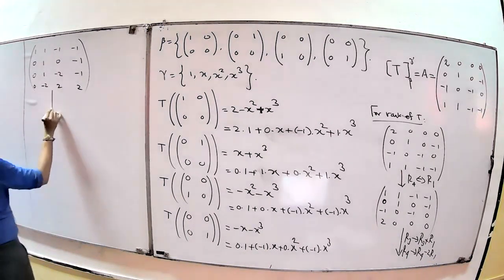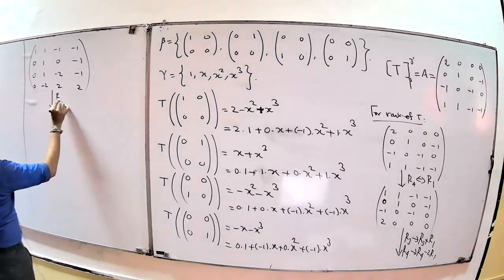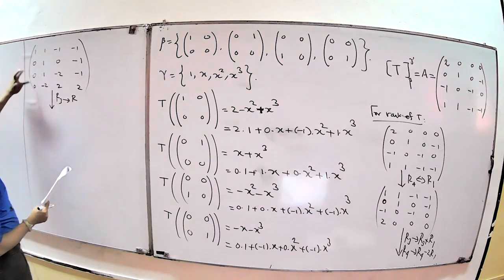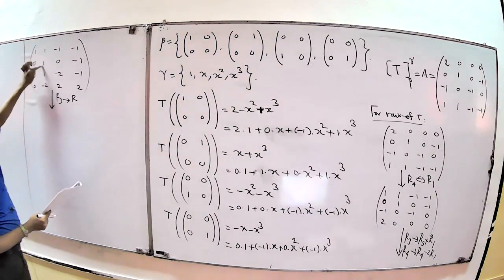Now the first row has its leading entry, therefore the others are 0. For the second row, this is your leading entry, therefore you want both below it to be 0.